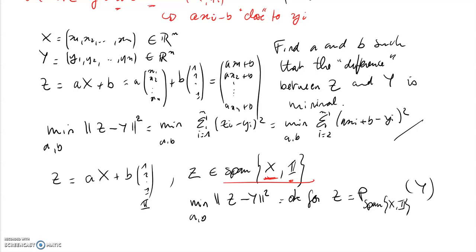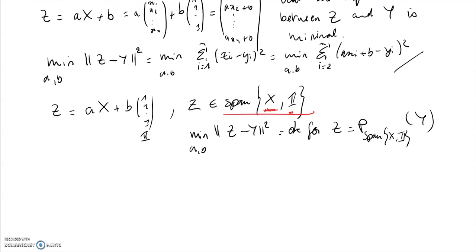So what does it imply? Now we know that Z is this orthogonal projection. It implies that y minus Z is orthogonal to x on one hand, and as Z is the orthogonal projection of y, y minus Z is also orthogonal to 1.